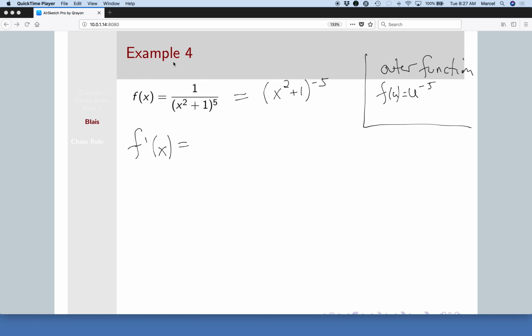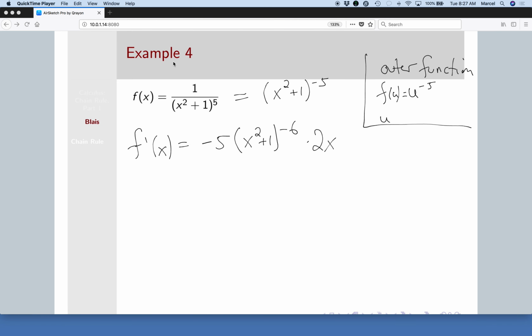So when we take the derivative of this, leaving the inside alone, we have power rule, minus 5, leaving the inside alone, to the minus 6, and then times the derivative of what's inside. Inside function is x squared plus 1. We would get 2x.